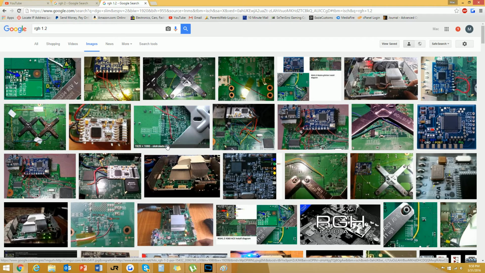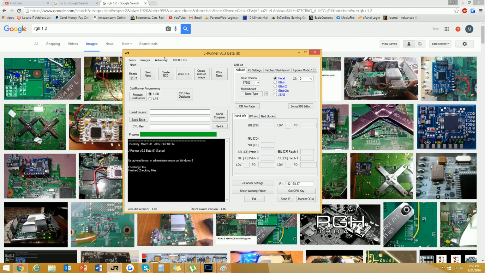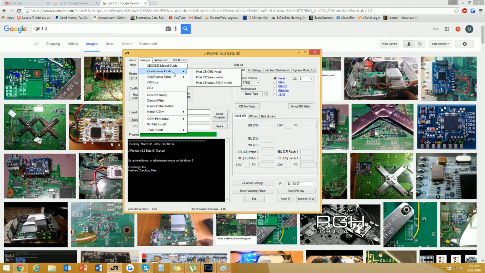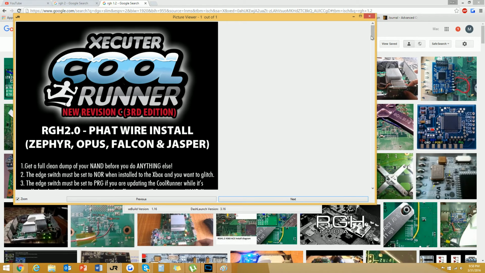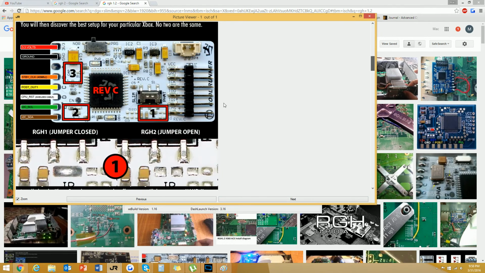He put a 2 on the end of that because you don't use the E and F points. Here, let me show you guys. Because with the RGH2, you had to use E and F on the chip, and this was used as the glitch. E and F would glitch it.